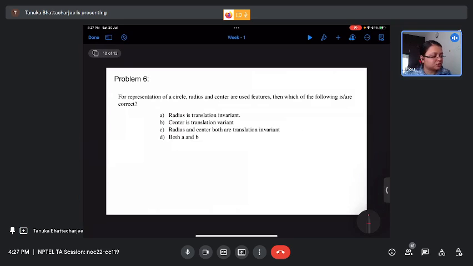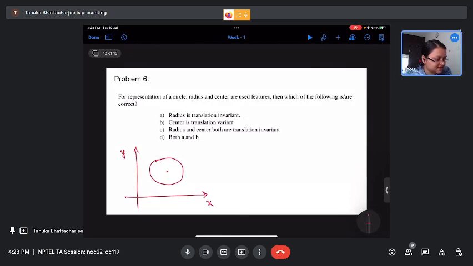Then we have one more question on this invariance aspect. For representation of a circle, radius and center are being used as features. Which of them is translation variant, and which is invariant? Let's say we have a circle, this is our x axis, this is our y axis, and this is the center point.